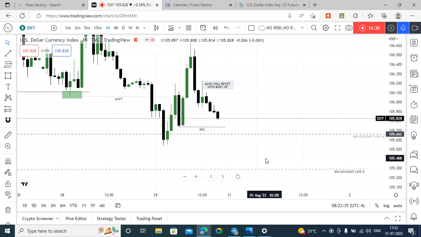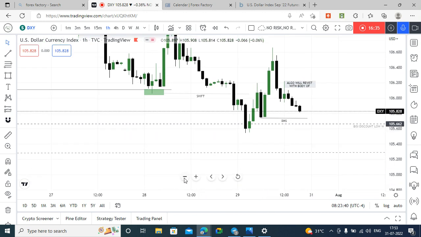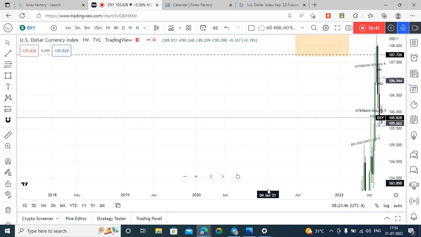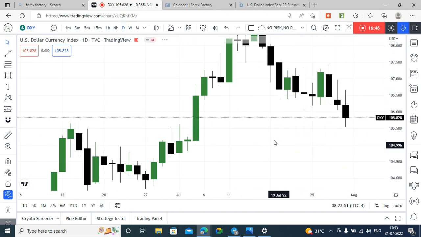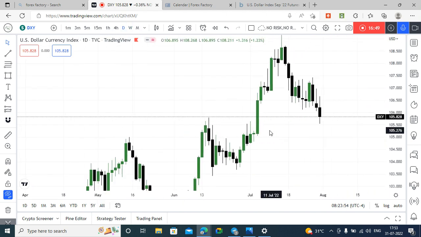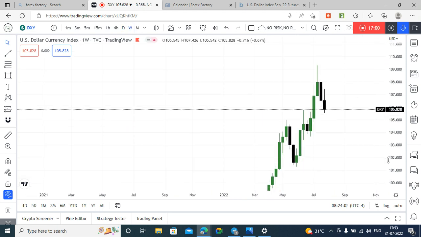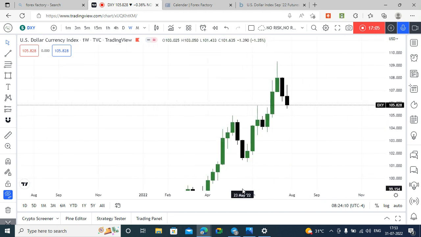Okay. So guys, about the dollar index, if you look at the bigger chart or daily chart, after price comes to this level, that is the daily BISI discount low, or after price comes to this double standard level or this bullish breaker level, we can expect the dollar index may move higher.